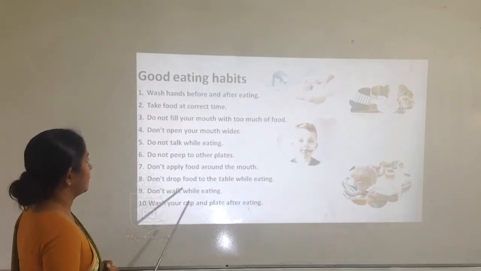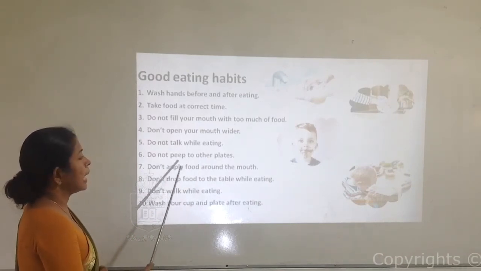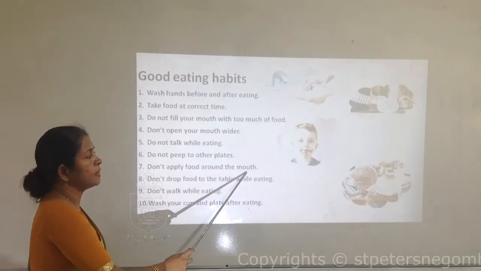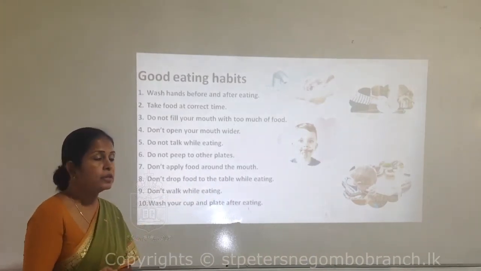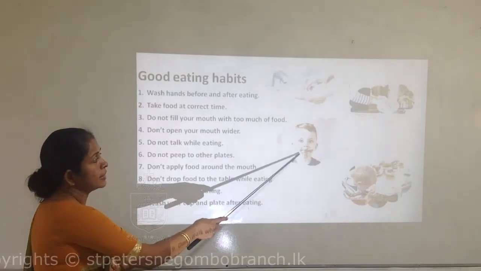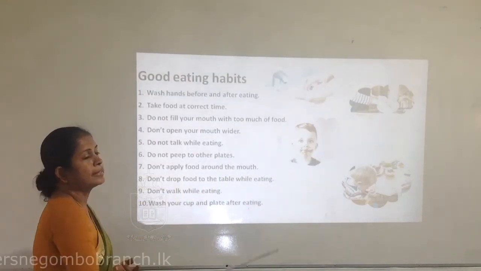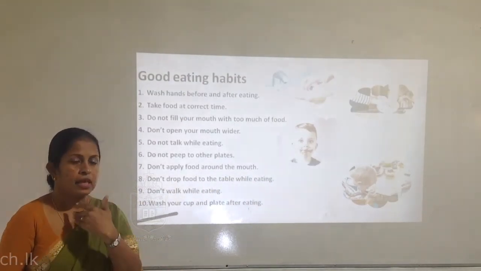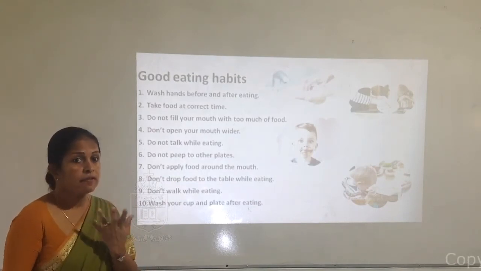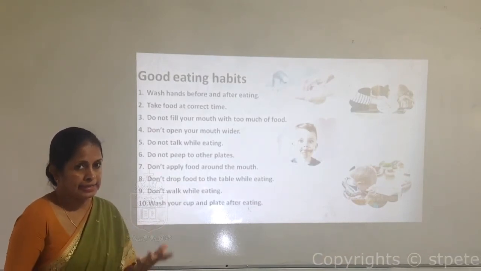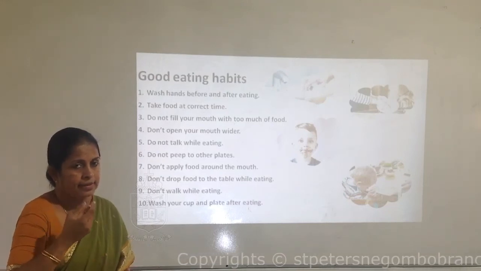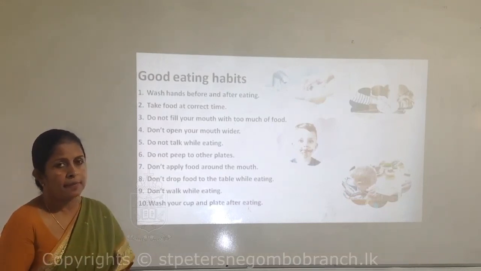Next is don't apply food around the mouth. You can see here how ugly it is when food is around the mouth. If it happens accidentally when we are eating rice or anything, sometimes it happens.